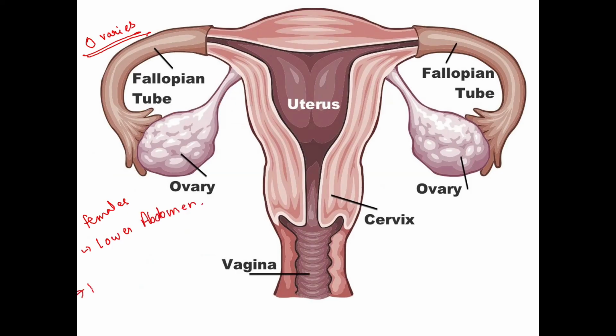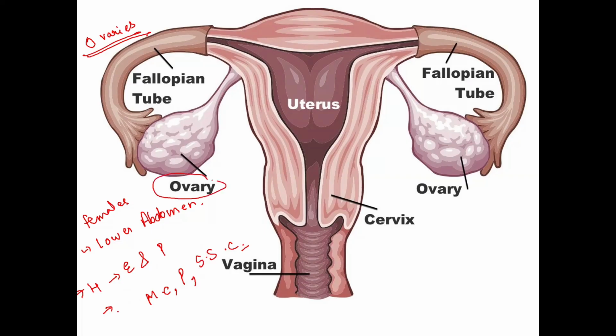It releases estrogen plus progesterone. The function of estrogen and progesterone is to control the menstrual cycle, control pregnancy, and development of female body features and secondary sexual characteristics.